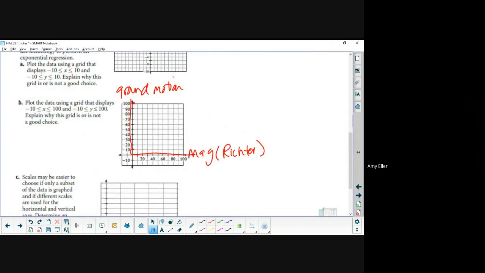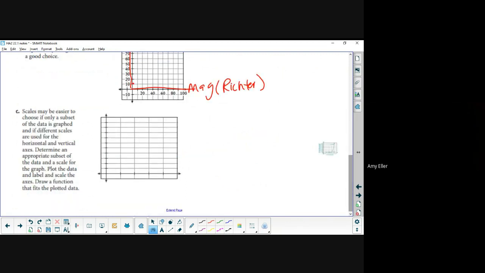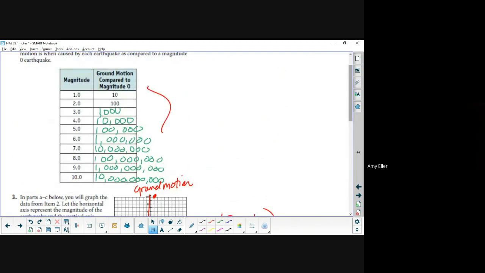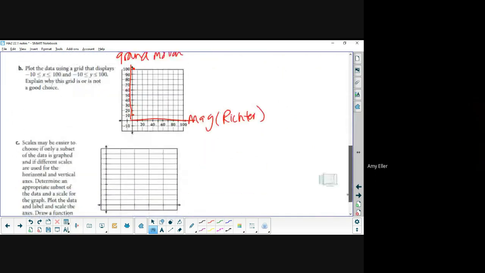It's not always the best thing to do because our Richter's going to 10, our other one's going to 10 billion. So I'm going to give you time to think about what you would like to count by. Now you're only graphing a subset of the data. You do not have to put the entire set of data, just a subset. Don't forget to label your axes.